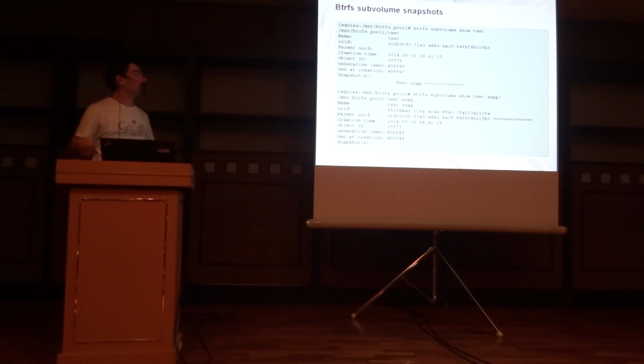Then, if you want to show the subvolumes to see their data, you can see that the main subvolume here has a list of all the snapshots that have been taken. Here there's only one. And if I look at that snapshot of the first one, it will show me the parent UID, so it tells me, hey, I'm a snapshot of this, which is indeed this one up here.